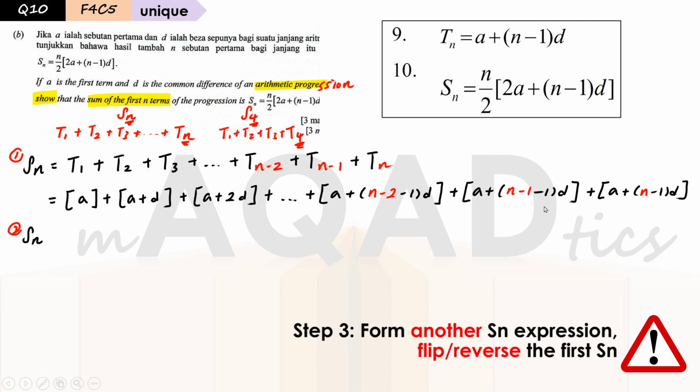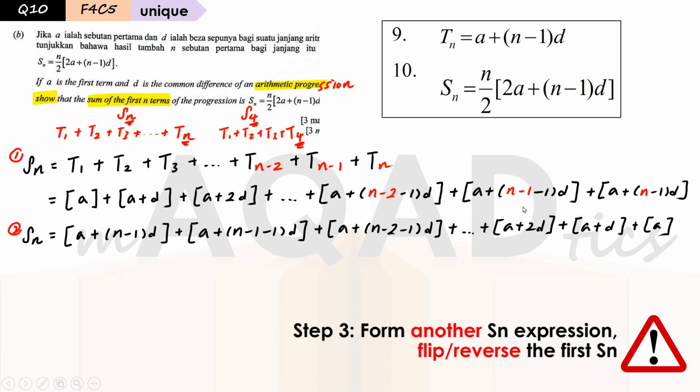Okay, so for the last value of the first expression, we are going to put it into the first value of the expression. Okay, and then the last second value here will be the second value. Last third value will be the third value, and so on. Okay, so the first three values in the first expression will now move to the back already. So the last value here is a.